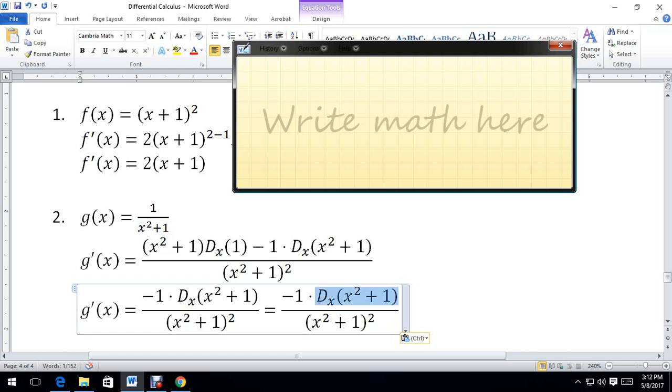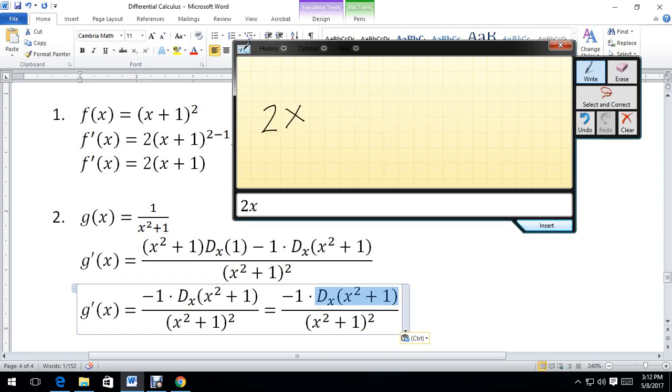Now, the derivative of x squared plus 1, at this point we apply the chain rule. The chain rule for this one is that this becomes 2x to the 2 minus 1 plus, well, this becomes 0. Let's write this in parentheses.